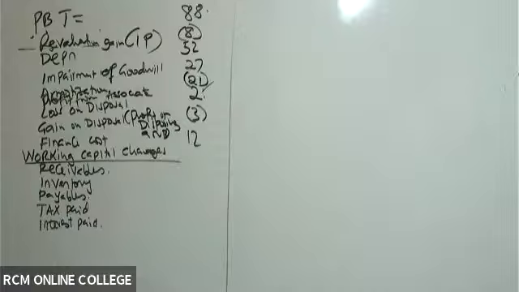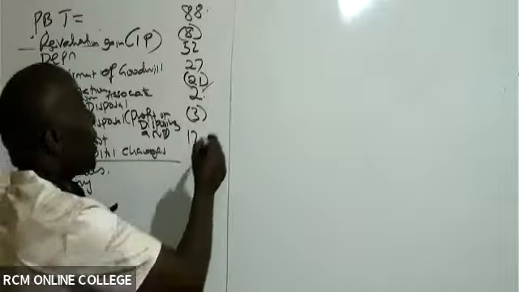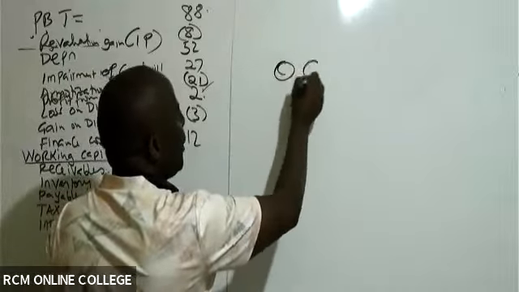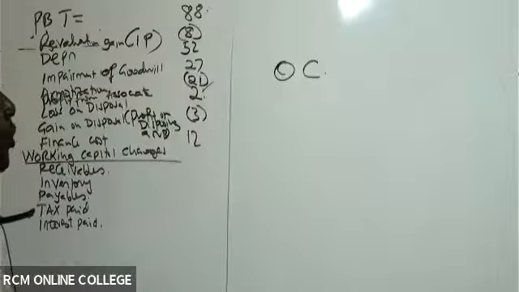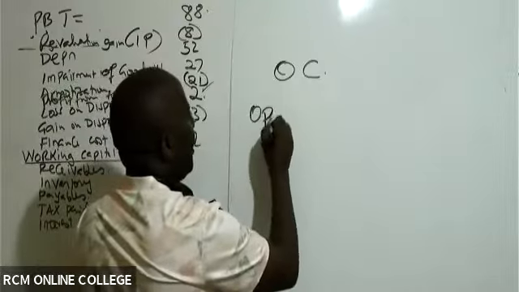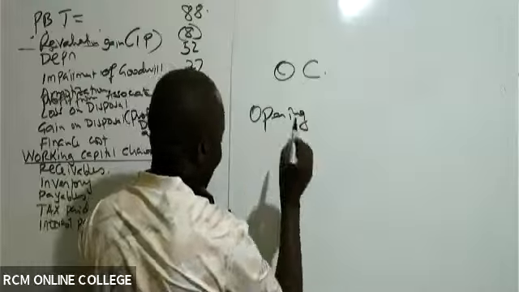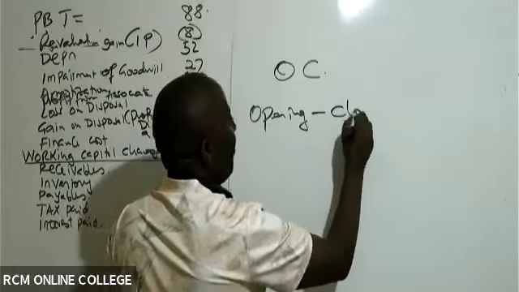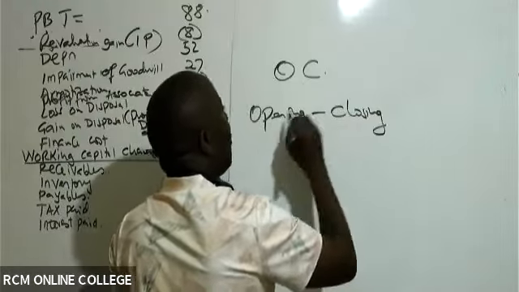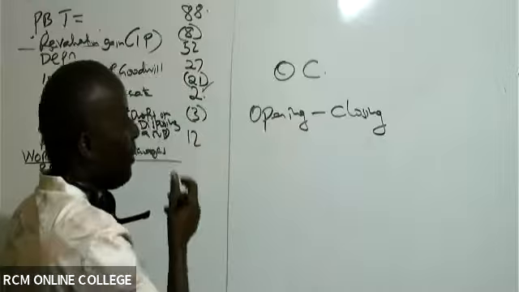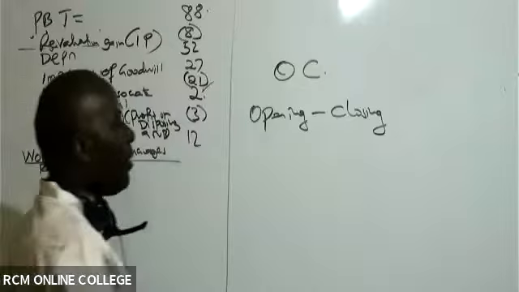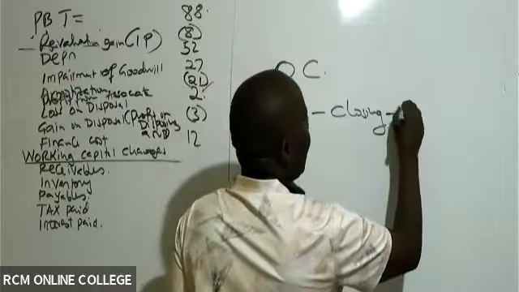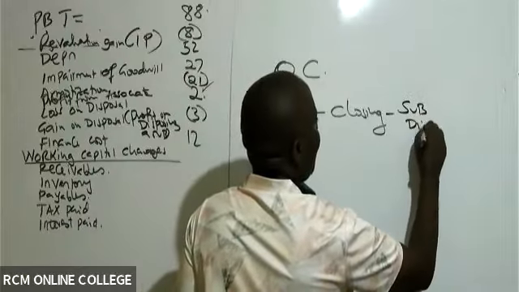So under working capital changes, we normally use the acronym OC. It is opening minus closing. Anytime you have working capital changes, opening minus closing, minus subsidiary disposed.